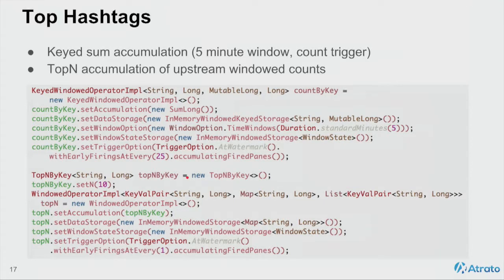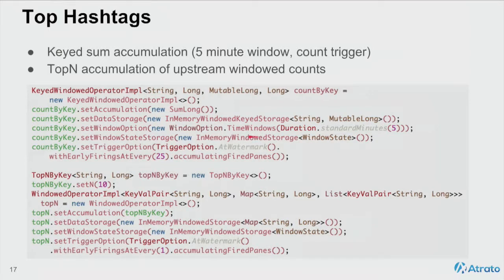So how do we compute the hashtags? This is using the window operator of the Apex library. And it consists of 2 steps. The first step is a keyed operation, a keyed window. So the hashtag is the key, and the count is the value. And we are computing the count over 5 minutes. That's here.